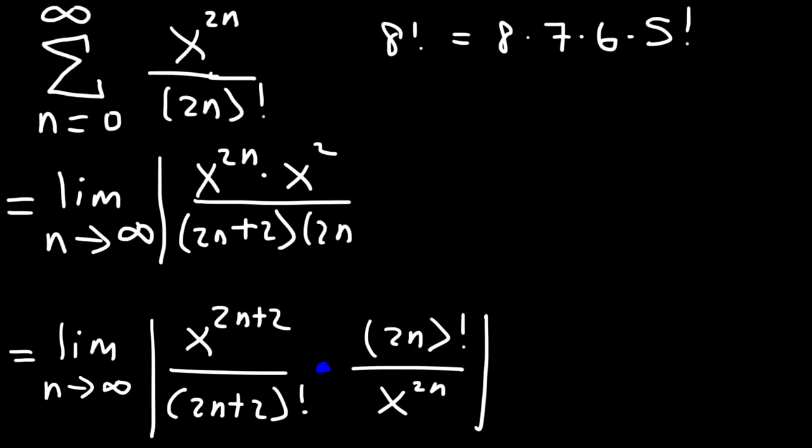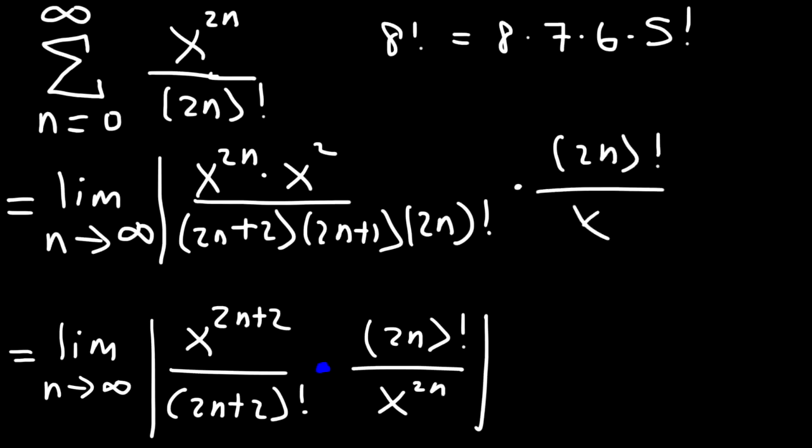So it's going to be 2n plus 1. And then if we subtract 2n plus 1 by 1, then we'll get 2n. We want to stop here because we can cancel it with the 2n factorial on top. So now we can cancel x to the 2n and 2n factorial.